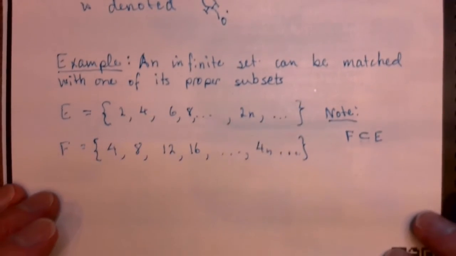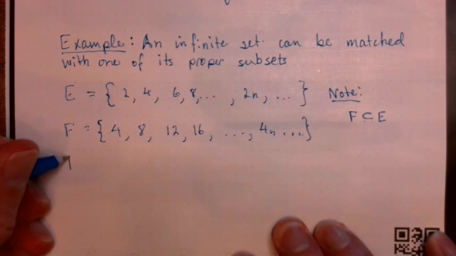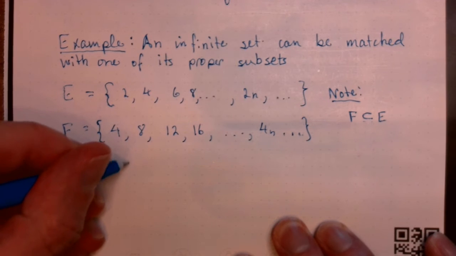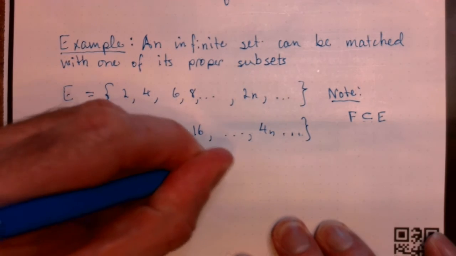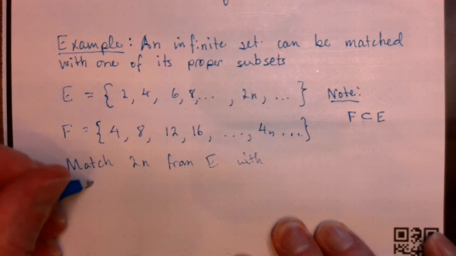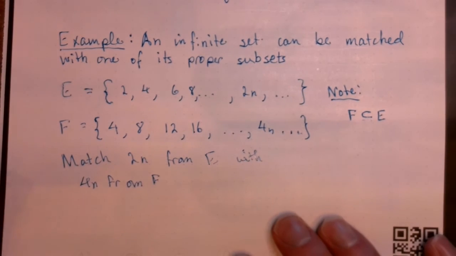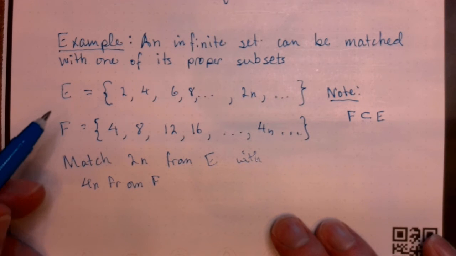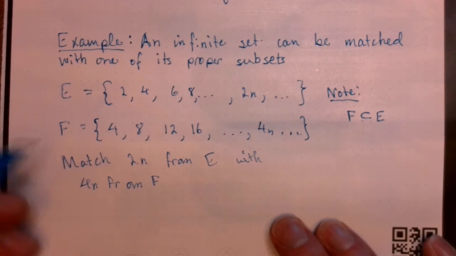Now, as we saw last time, there's a very convenient way to match up the elements. So match the element 2n from the set E with the element 4n from F. Okay, so that is a one-to-one correspondence matching up E with one of its proper subsets.